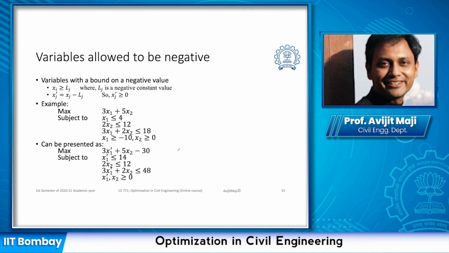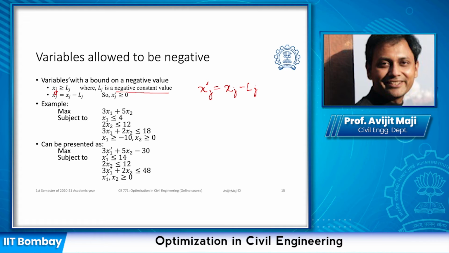Another concern could be about each individual variable. We said each individual variable is supposed to be greater than or equal to 0. What if we need a variable which can take a negative constant value? In that case, we can introduce a dummy variable which we call xj dash, equal to xj minus lj.